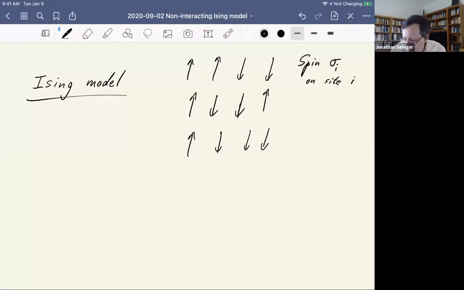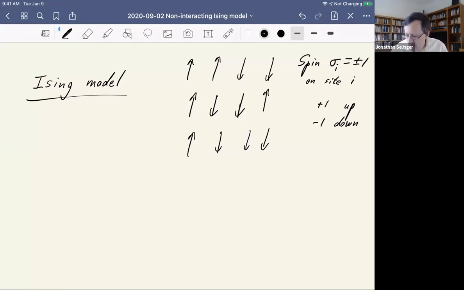So i means which site of the lattice. For example, let's think about this site. Each site gets some site number, and then there is a spin on that site. The spin is either +1 or -1. So +1 means up and -1 means down.